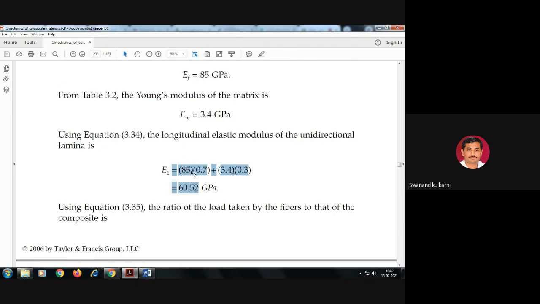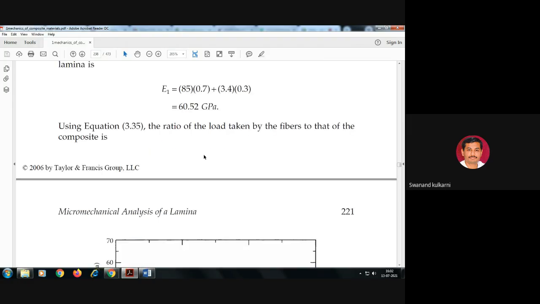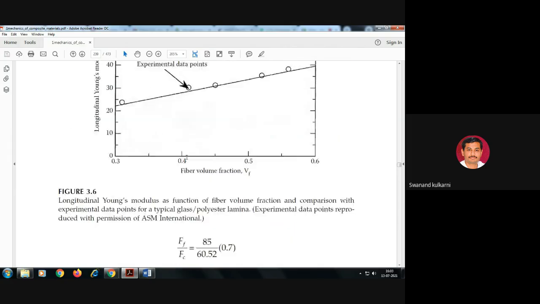So 85 into 0.7 plus 3.4 into the matrix fraction, this is the percentage of the fiber, this is Young's modulus of fiber, this is Young's modulus of matrix. Is it okay? So E1 is equal to EFVF plus EMVM. All these values are substituted, and then we have identified the Young's modulus in longitudinal direction. So the longitudinal elastic modulus of unidirectional lamina we got as 60.52 here. Is it okay?